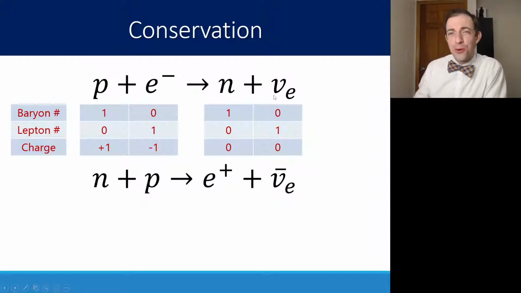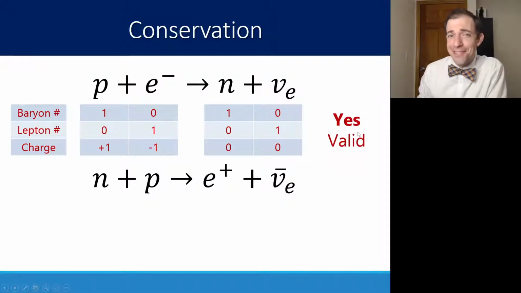And my neutrino has a baryon number of 0 because there are no quarks, a lepton number of 1 because it's not an antineutrino like we saw before, and a charge of 0. Everything seems to be conserved. Baryon number is 1 on both sides, lepton number is 1 on both sides, and the charge neutralizes to 0 on both sides. So yes, that is a valid particle interaction.